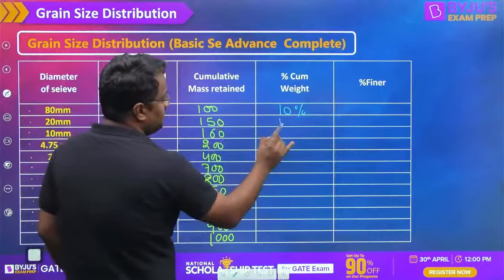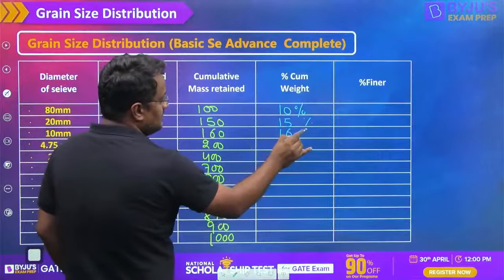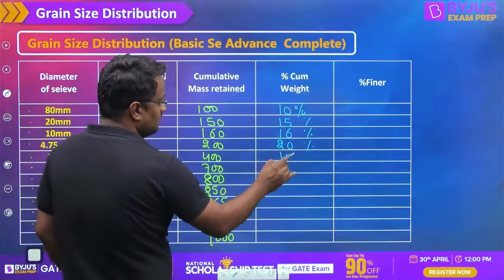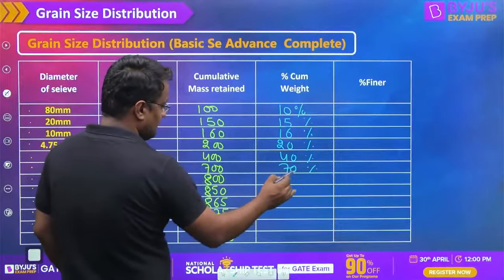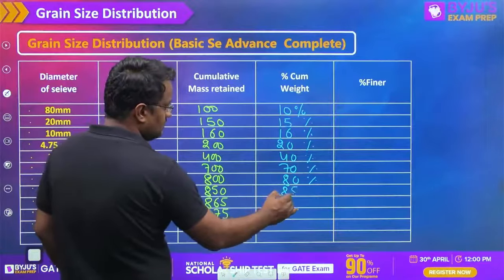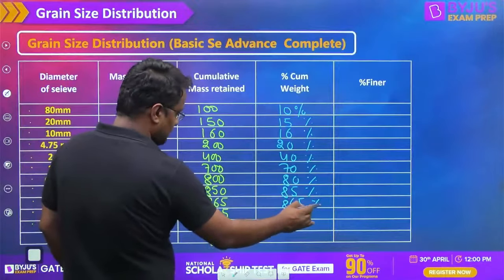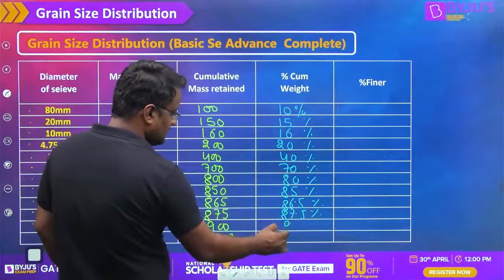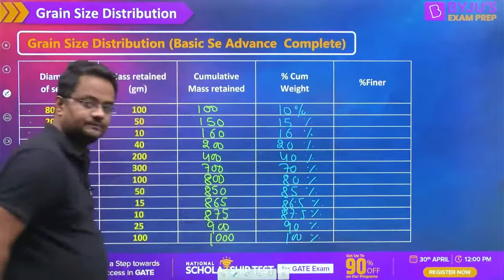How much is 150? 15%, then 16%, then 20%, then 40%, then 70%, then 80%, then 85%, then 86.5%, then 87.5%, then 90%, then 100%.